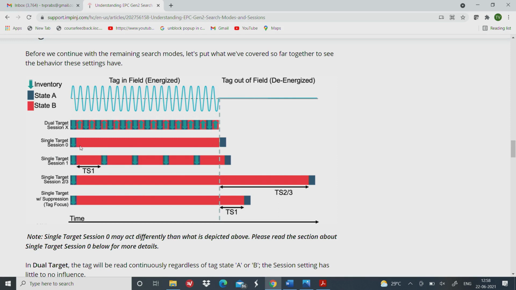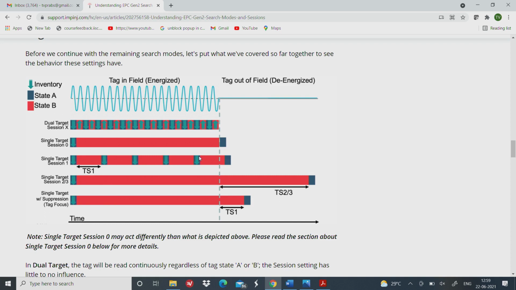You get one tag read at a time, and then all the 1000 items are being read. Meanwhile, there is another person who comes in and wants to inventory the item. He need not choose session 0, he should not, he should choose session 1 and then come in and perhaps inventory the tags and then go away, right.